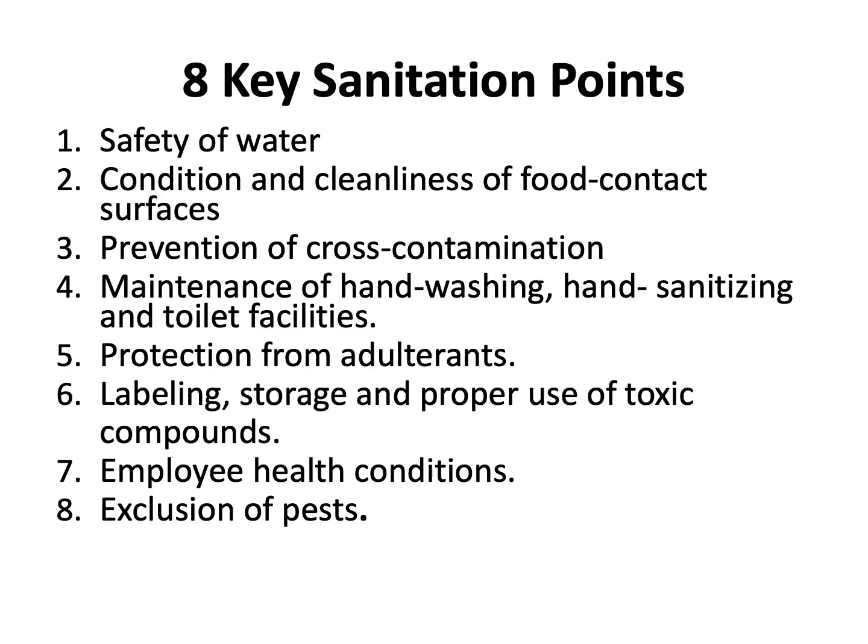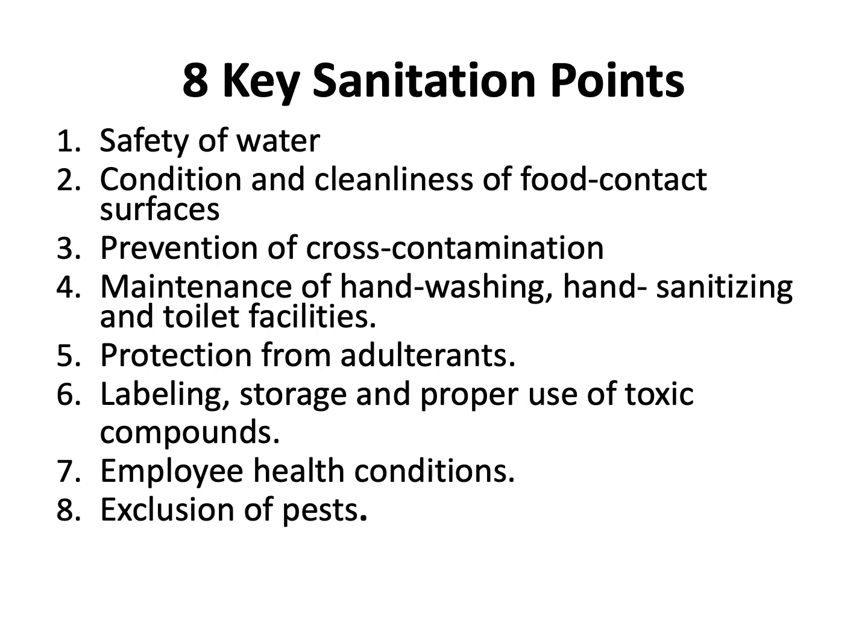So let's do a little review. We learned about the 8 key sanitation elements in Chapter 1. So what are they again? Number 1, safety of water. Number 2, condition and cleanliness of food contact surfaces. Number 3, prevention of cross-contamination. Number 4, maintenance of hand washing, hand sanitizing, and toilet facilities.